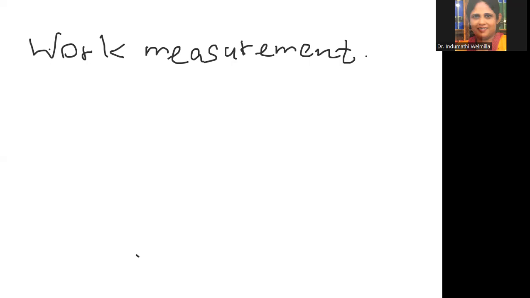Work measurement involves the estimation of the amount of human effort needed for producing a unit of specified output from an operation.